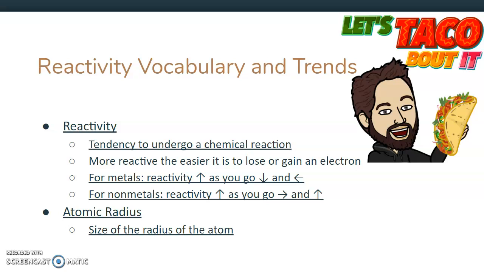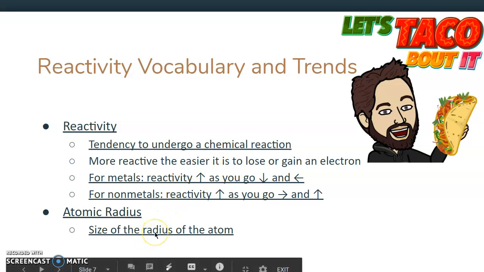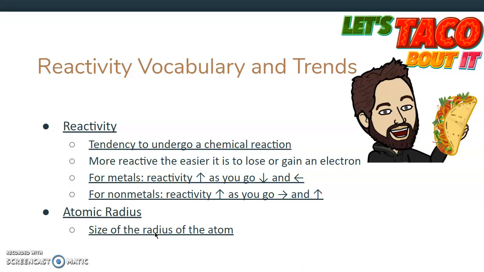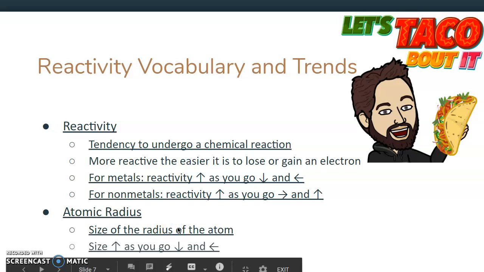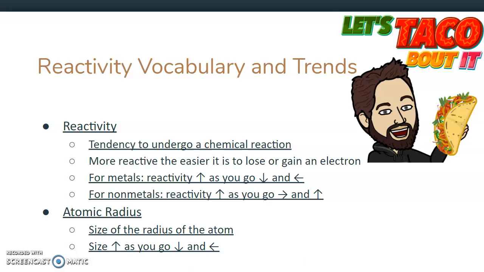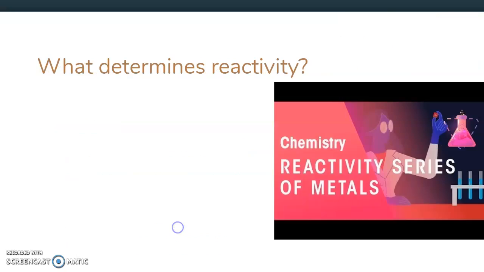It will rotate all the way around, but it is also half of our diameter. So if you know what the diameter is, it's the line that goes from one edge of the circle to the other right through the center. So our radius is half of our diameter. And our atomic radius increases, so the size increases as you go down and to the left on our table.